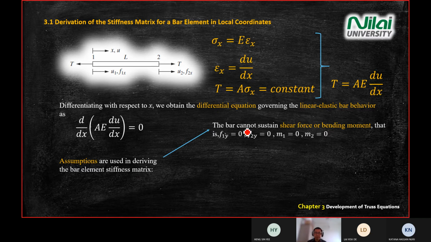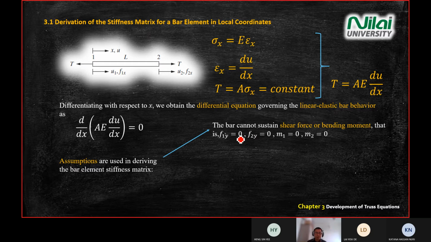Again, the assumption is that when we pull this bar, there is no shear force effect or bending moment, because in a real case, when you pull a steel bar, the bar might bend due to the material property itself.